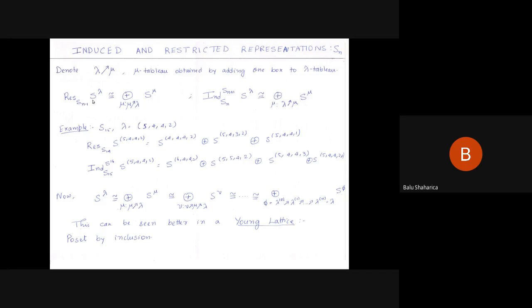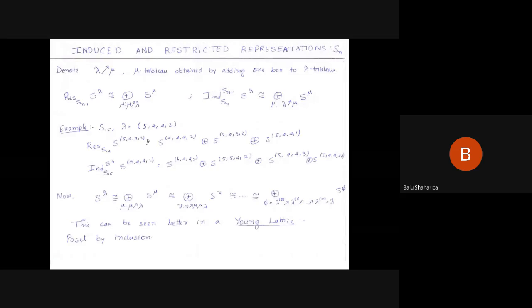Using Young tableaux, given lambda, I can draw a Young tableau. For S15, for some irrep given by 5442, I count the number of ways I can remove one box from this lambda tableau such that it is still a Young tableau.